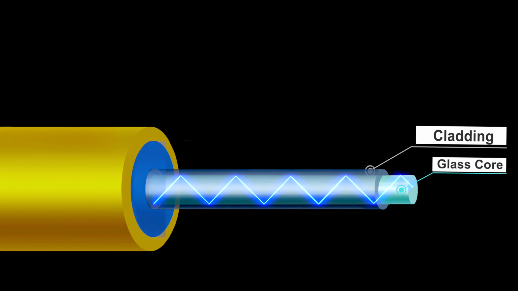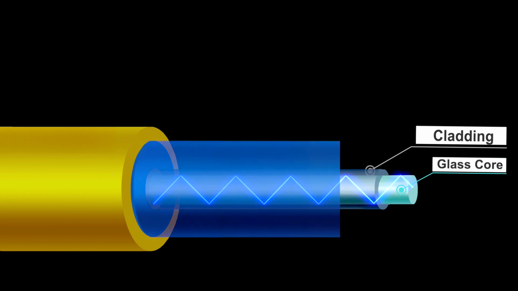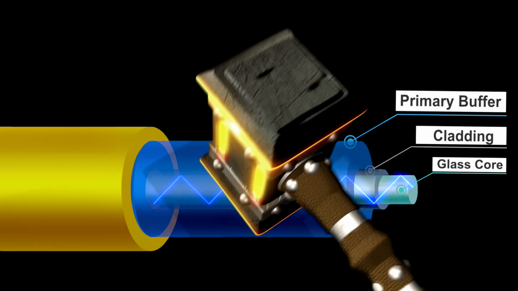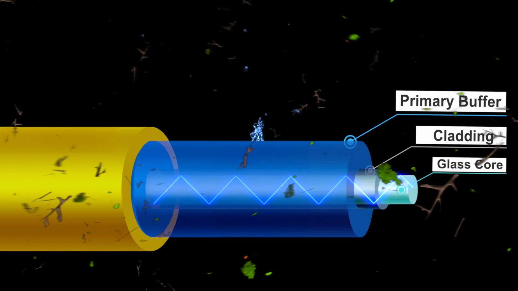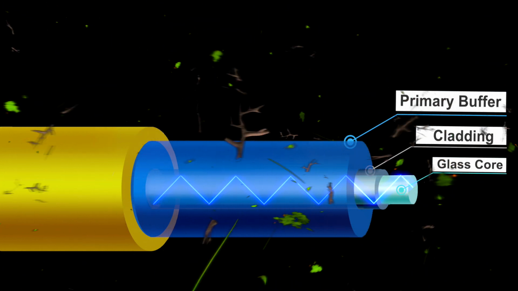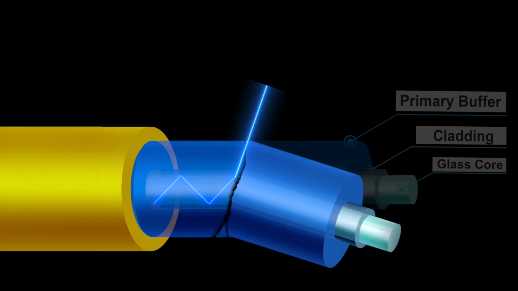The primary buffer is a protective coating that encases the glass cladding and core. Its main function is to protect the delicate optical fiber from physical damage, moisture, and environmental stresses. This buffer helps prevent signal loss by shielding the fiber from bends that could impair performance.